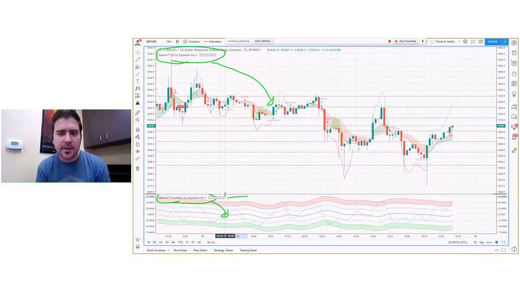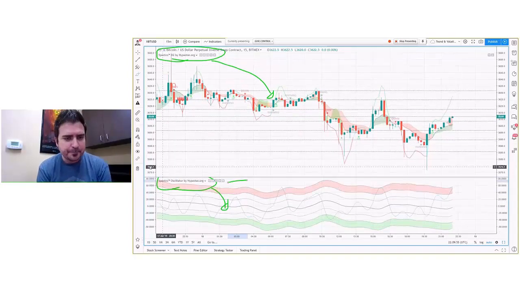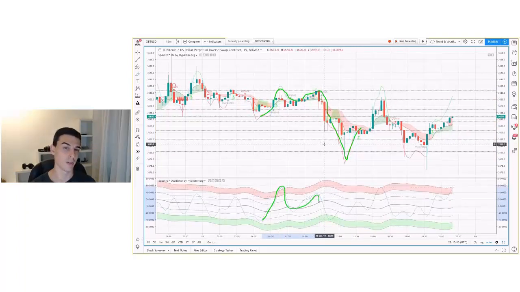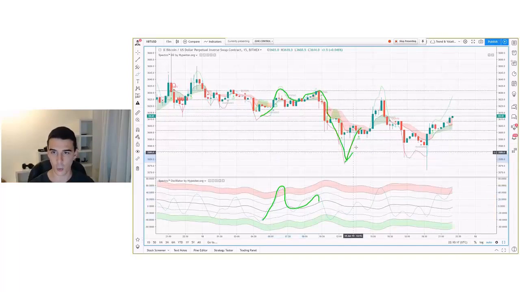Cool. Keep going. Yeah. But the oscillator you're seeing here is basically the same mathematical model that is shown here. It's just I use a different type of thing. The oscillator is actually related to the price, because as you can see here, this oscillator is shifting with the price.